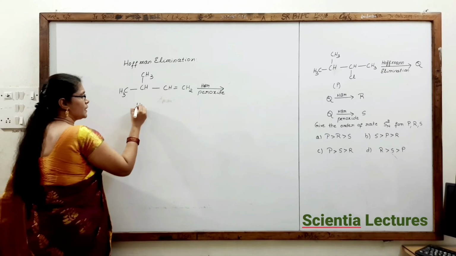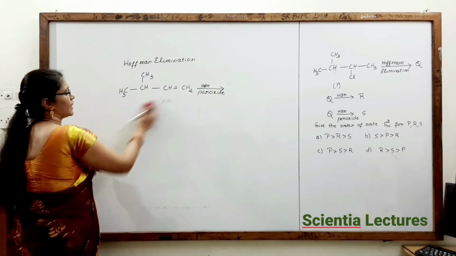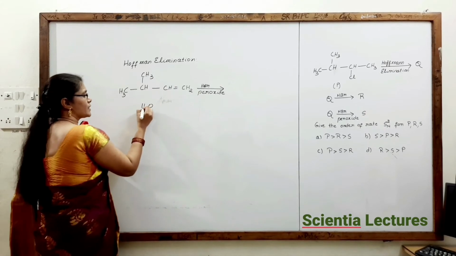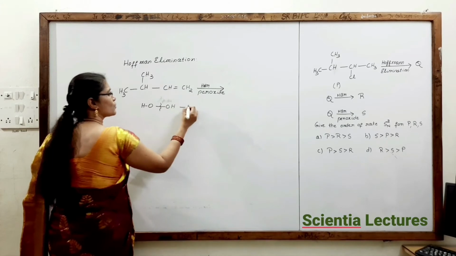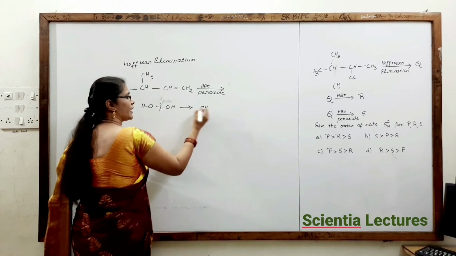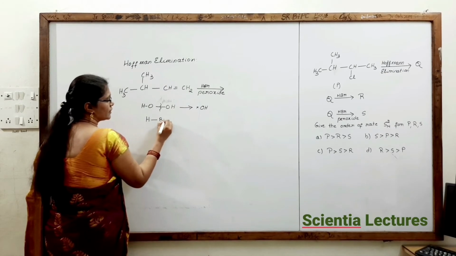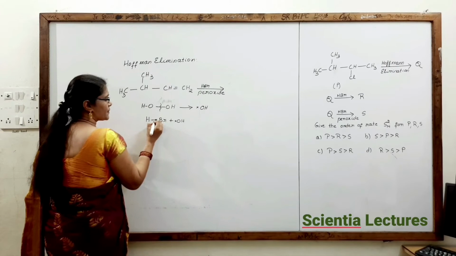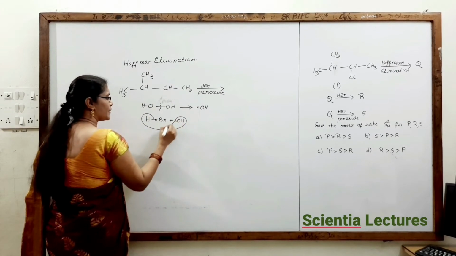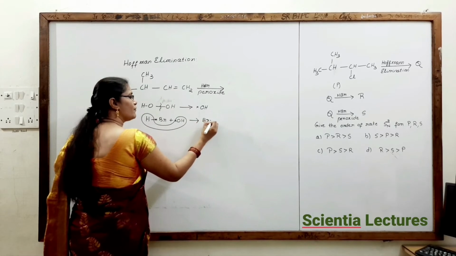First of all, HBr in the presence of peroxides. Peroxide, as this bond is quite highly unstable, undergoes a cleavage to produce OH free radical. This OH free radical, when it reacts with HBr, abstracts hydrogen, leading to the formation of bromine free radical.